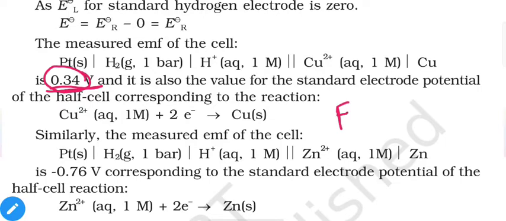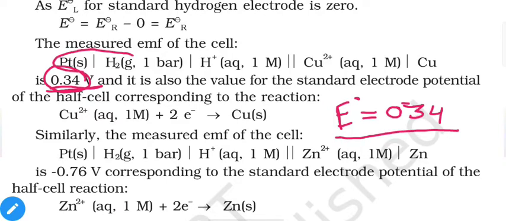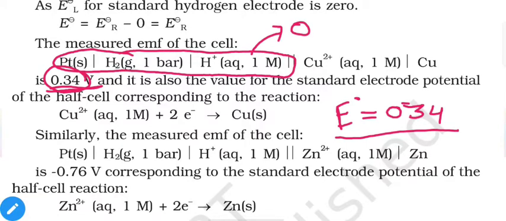That means our E cell is equal to 0.34. Now we know the value of cell potential, which we find practically. We know the reduction potential of the hydrogen half cell, which is 0. The only unknown value is the reduction potential of the copper half cell.